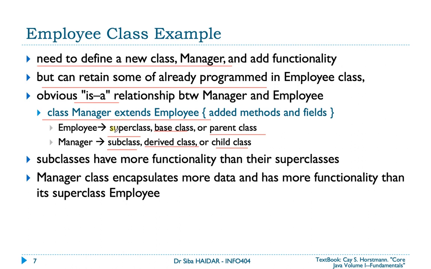No, this is quite the opposite. The subclass has more functionalities than its superclass because we extend it. The subclasses extend the superclasses and they define more specific methods and fields. So the Manager class will encapsulate more data and have more functionality than its superclass Employee.